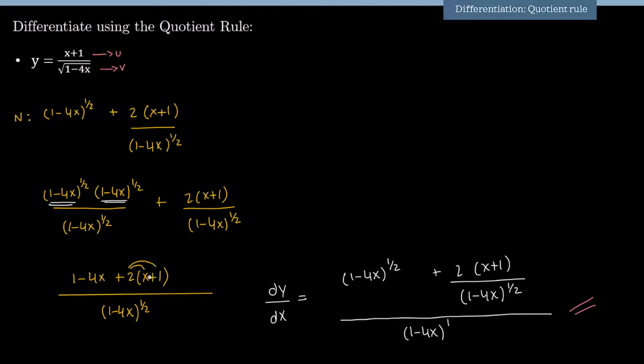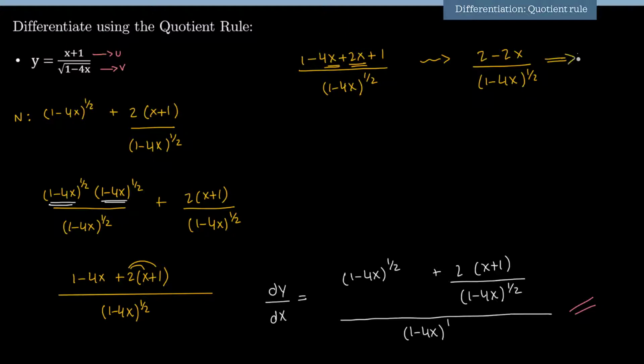Now I'm going to multiply 2 by x plus 1 and I'll get 1 minus 4x plus 2x plus 1 and then divided by 1 minus 4x whole power 1 upon 2. Minus 4x plus 2x is negative 2x and 1 plus 1 is 2. So this becomes 2 minus 2x divided by 1 minus 4x whole power 1 upon 2. This is the simplification of the numerator.